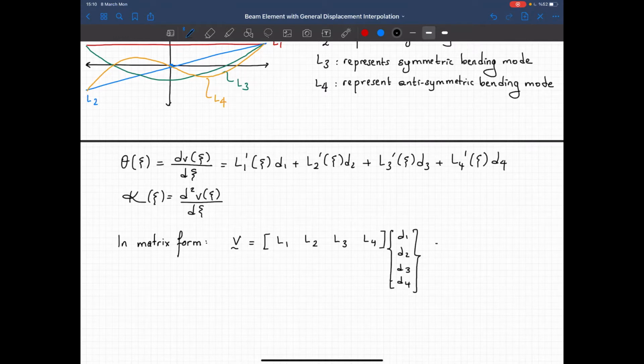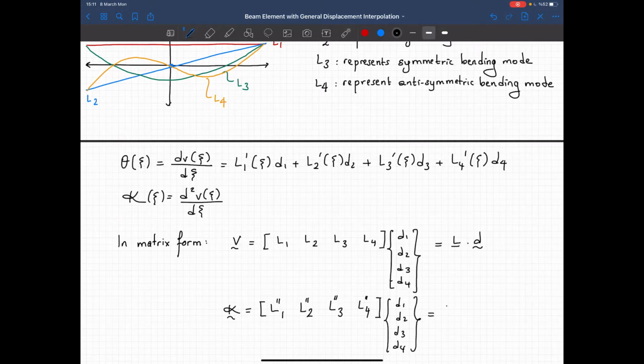So that's equal to L times D. The curvature is equal to L double prime, the second derivative of the first shape function, the second derivative of the second shape function, and so on up to the second derivative of the fourth shape function, times D1, D2, D3, and D4.